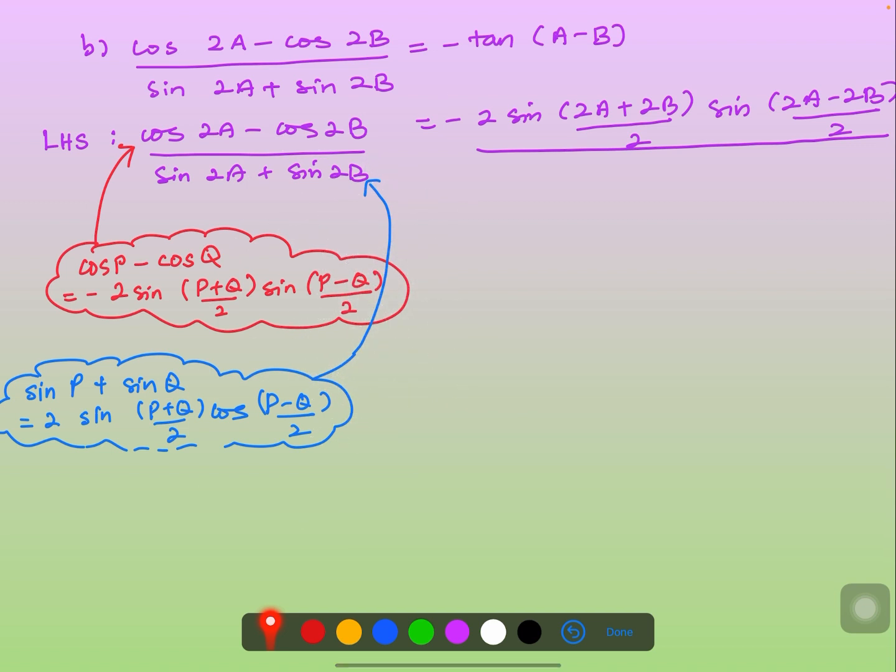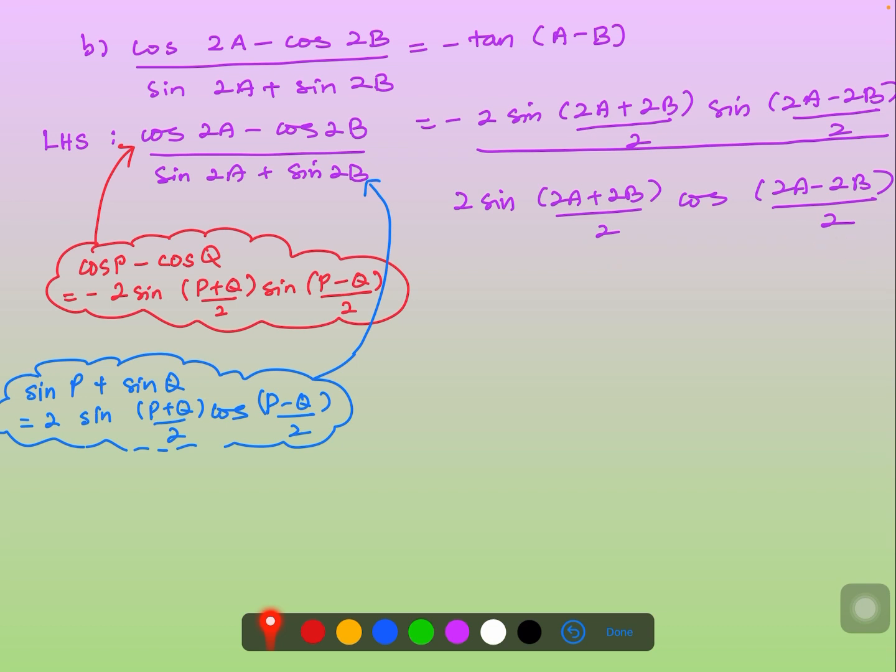okay, the denominator one, we can use the formula of sine p plus sine q equals 2 sine (p plus q over 2) cos (p minus q over 2). So we should have 2 sine (2a plus 2b) over 2, cos (2a minus 2b) over 2.